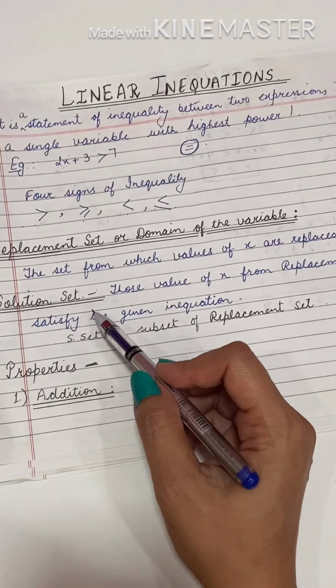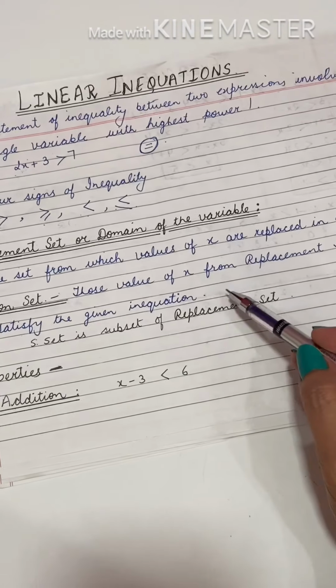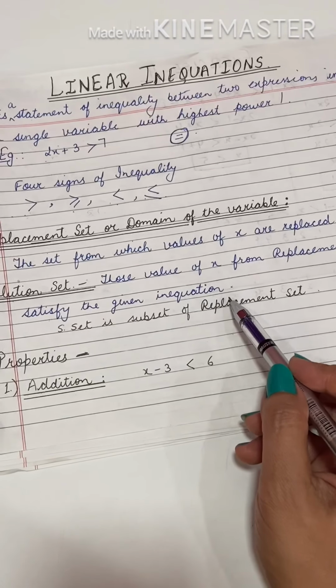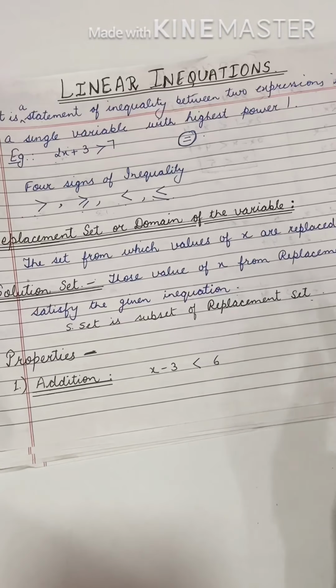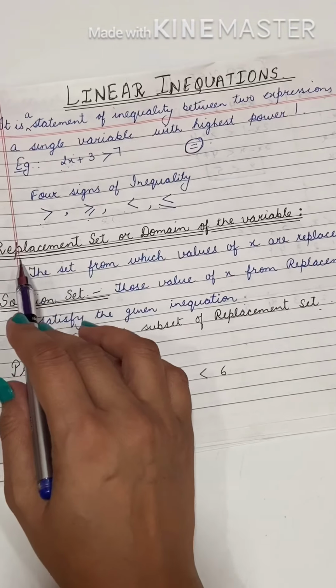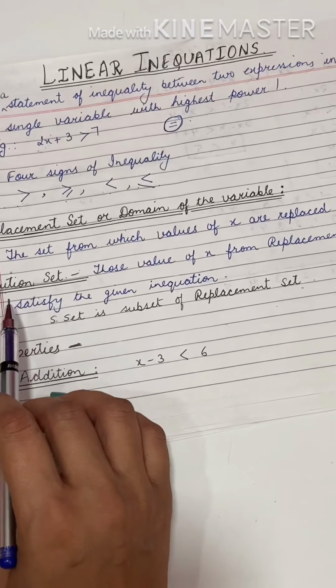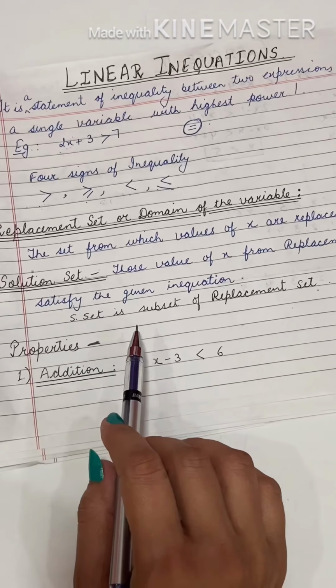As we have done in the case of quadratic equation, what is solution set? Those values of x from the replacement set which satisfy the given inequation represent the solution set. This solution set is always a subset of the replacement set. This is the important thing.